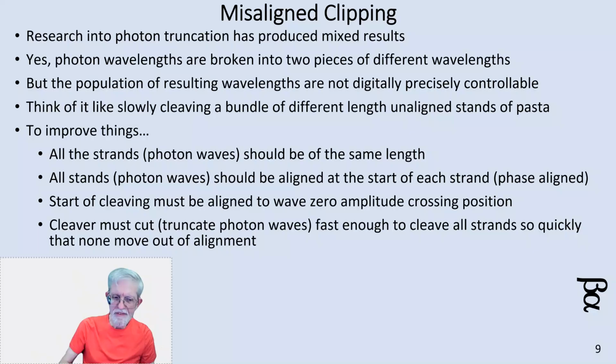Clip it there, but you've got to clip it fast enough. So maybe you have to go from picoseconds to femtoseconds to get that cleaver through there before any of the strands move out of alignment. And now you can actually cleave a flux of photons to a specific wavelength of your choosing.